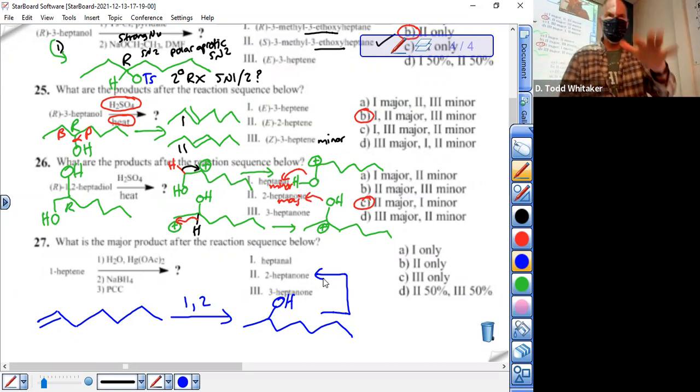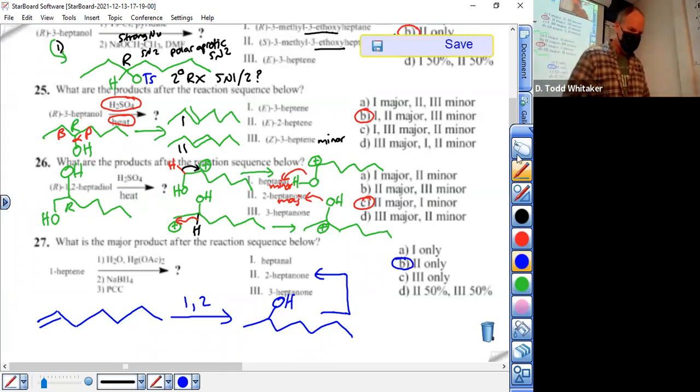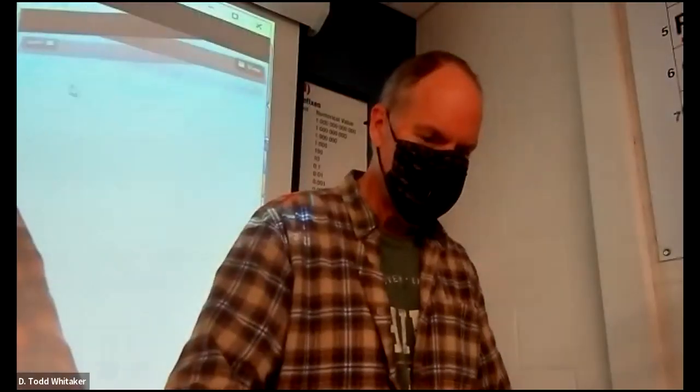No reaction with tertiary. But primary, PCC makes aldehyde. Secondary, PCC makes ketone. PCC, no mechanism needed. You just need to know what PCC does. She asked, do we need to know the PCC mechanism? And we don't. So 2-heptanone only. Very good stuff. Good segment there.